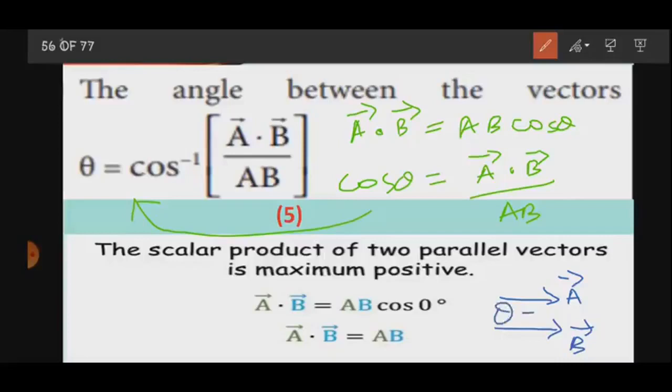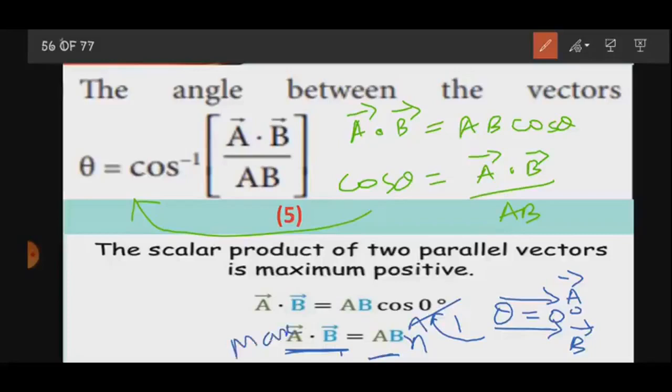So theta is equal to 0 degree. Now substitute in the relation: cos 0 is equal to 1. Therefore A vector dot B vector is equal to AB. Sometimes we write it as AB n unit vector. That is the maximum.